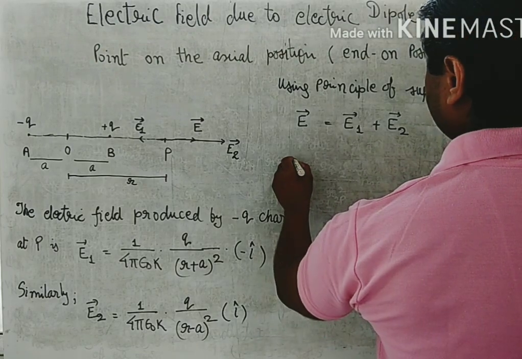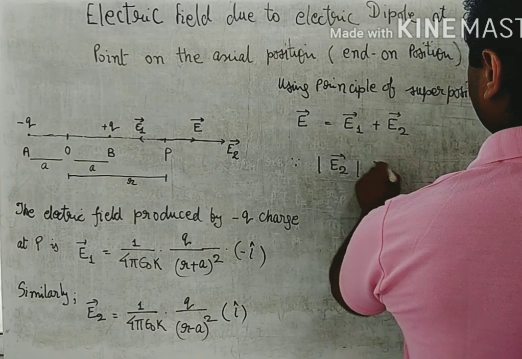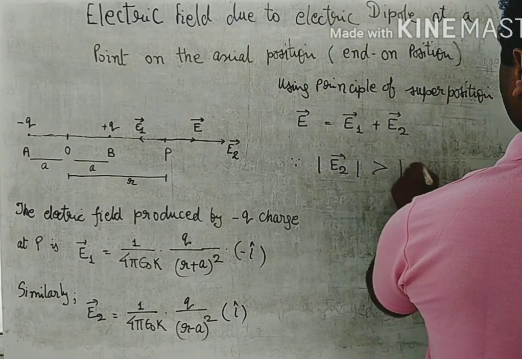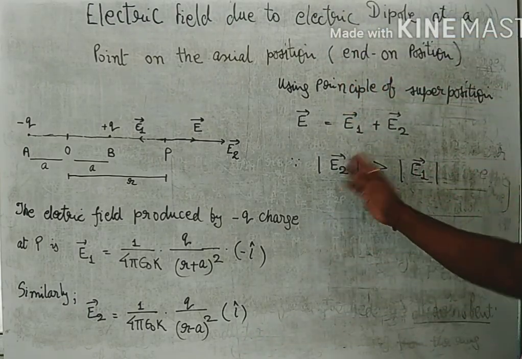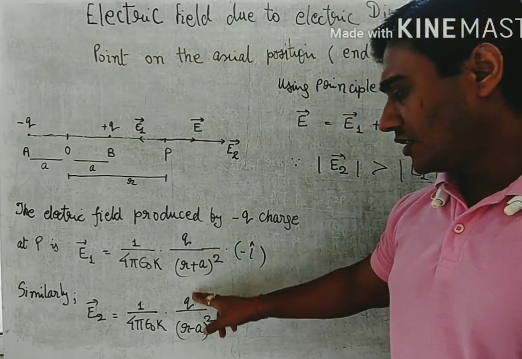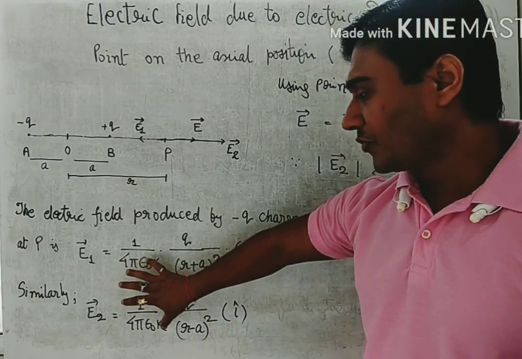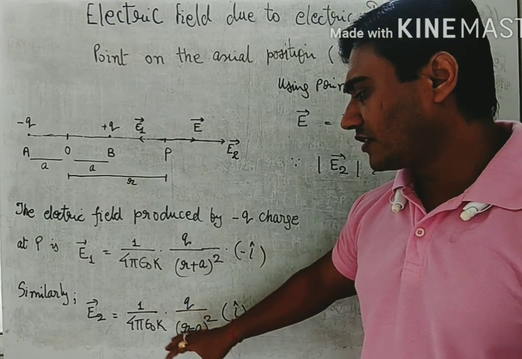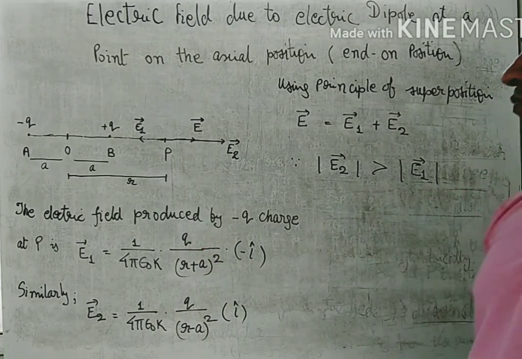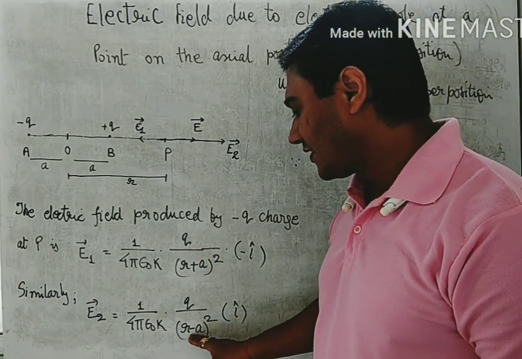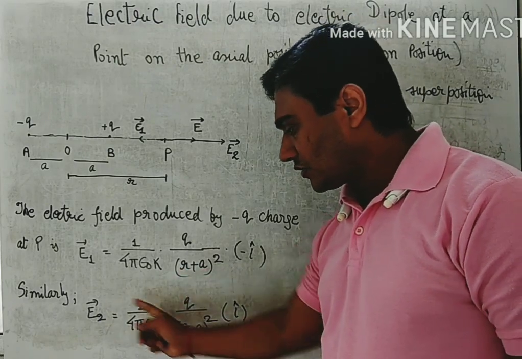Now here we can say, since mod of E2 vector is more than mod of E1. Now see, what decides which one will be greater? As charges are of same magnitude, so this is a constant quantity, only this distance will decide which electric field will be more and which else will be less. So as can be seen, this distance is shorter than this one, so hence it is inversely proportional.